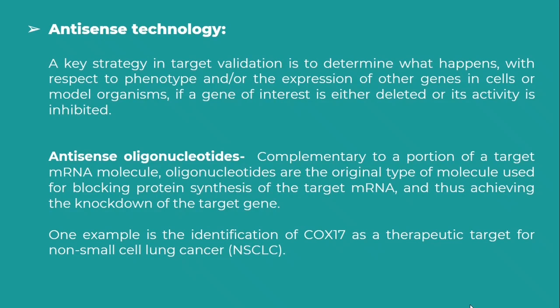Antisense oligonucleotides, complementary to a portion of target mRNA molecules, are the original type of molecules used for blocking protein synthesis of the target mRNA and thus achieving the knockdown of the target gene. One example is the identification of COX-17 as a therapeutic target for non-small cell lung cancer.